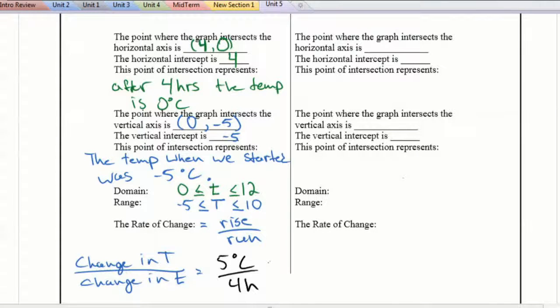I want to figure out how much it changes every 1 hour. So all I need to do is just divide these numbers. 5 divided by 4 is 1.25 degrees Celsius per hour. Or you could write it on top of one another, like that. So that's going to be your rate of change there.